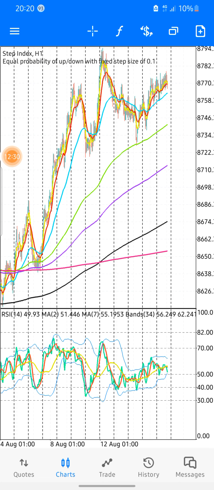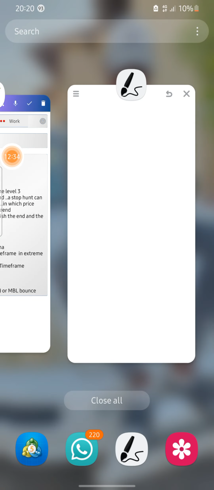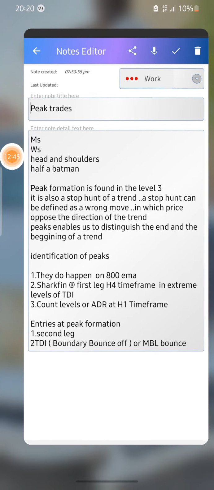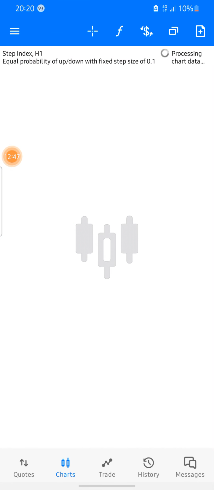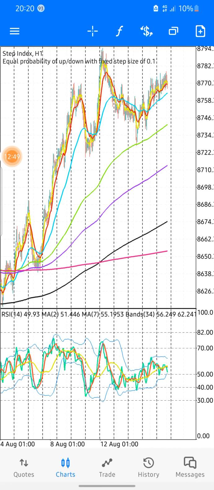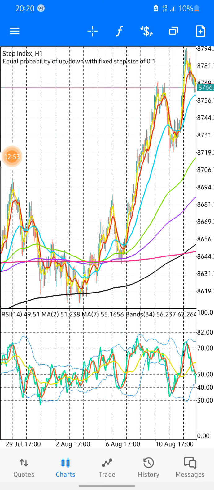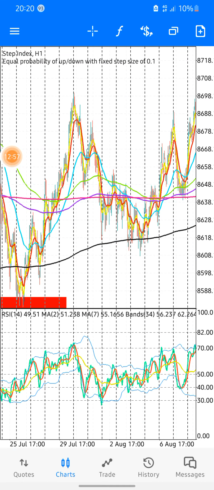The first thing is that we identify peaks. Let me show you on my notes what I wrote. Identification of peaks. First thing, peaks do happen on the 800 EMA. Okay, so we come to our charts, right? We check where is our 800 EMA, which is the black on my charts.